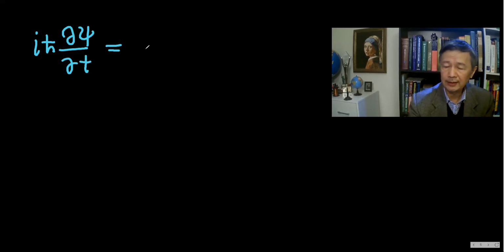If you put the operator here, what is the Hamiltonian? That is the product of the Hamiltonian and the wave function.